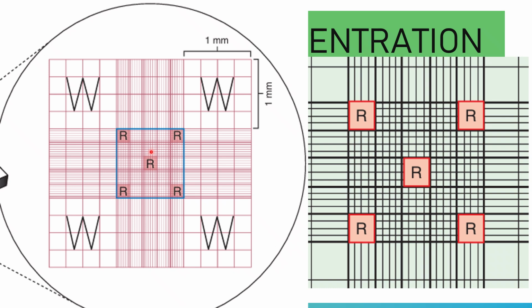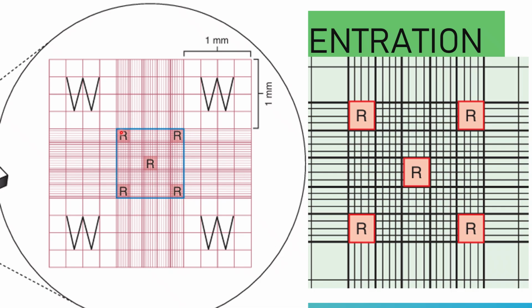Your center square is subdivided into 25 smaller squares. 1, 2, 3, 4, 5, 5 times 5, we will have 25. We will utilize these for your sperm cells accordingly.